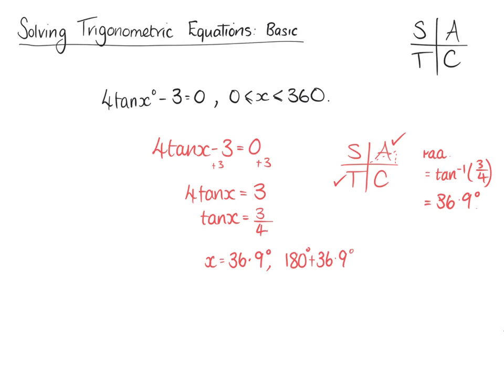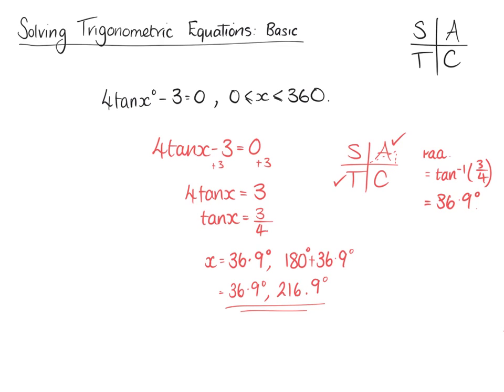Okay, because the second quadrant, it's starting to repeat, so it's the same size from 180 as it is from 0, so you have to add that 180 to it. Which gives us our two answers of 36.9 degrees and 216.9 degrees.